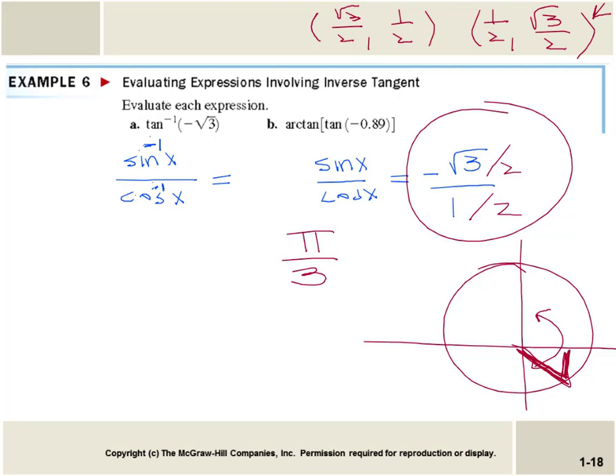Once you know the quadrant and the reference angle, you should be able to come to the answer. So remember, tangent is defined between negative pi over 2 and pi over 2, right? So what's the answer to this problem? Exactly, negative pi over 3. Boom.